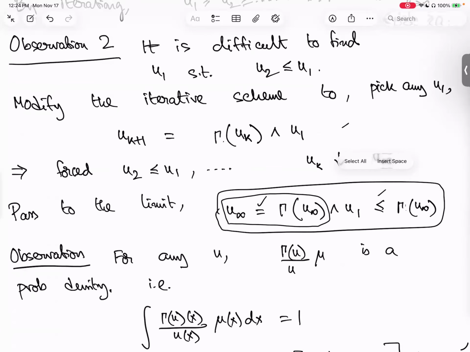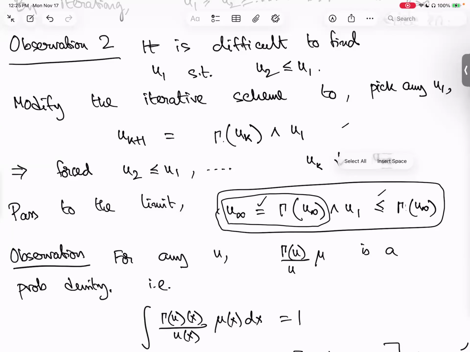When I take U3, U3 is gamma of U2 minimum U1. But everything is monotone. Gamma is monotone, minimum is monotone. So gamma of U2 minimum U1 is less than or equal to gamma of U1 minimum U1, but that's just U2. So everything is monotone, and that's what I'm using here.